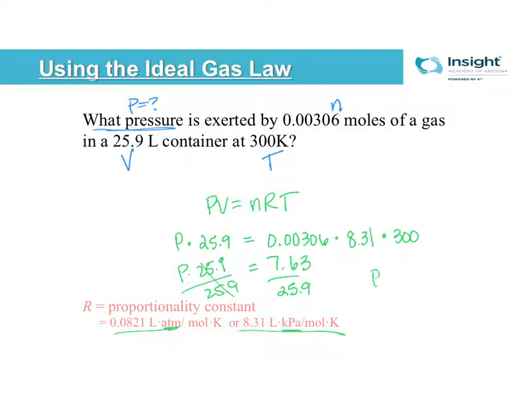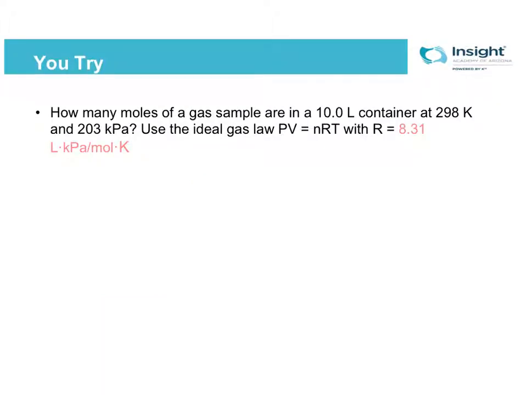And you get P is equal to 0.29, and my units, because I used this one, is going to be kPa. All right. So you try this one on your own, see if you can get the right answer, and then start up the video and see if you got it right.